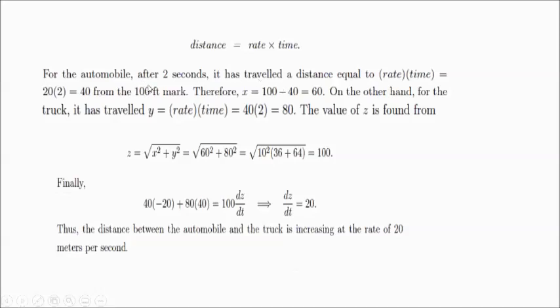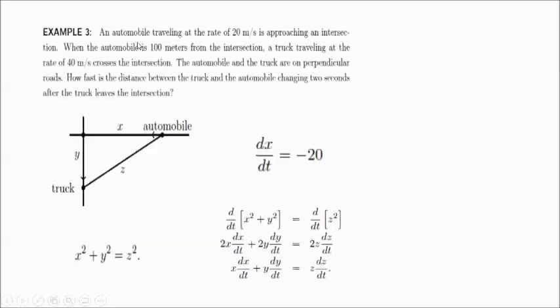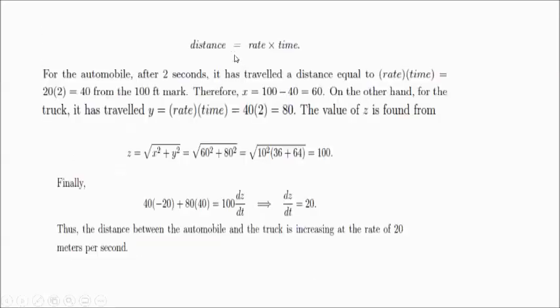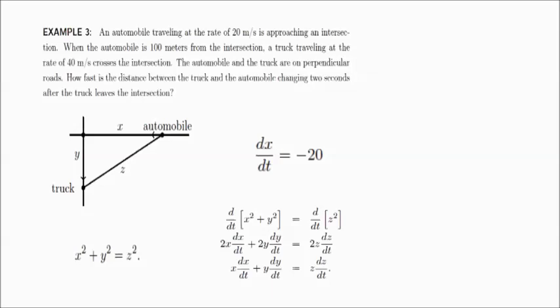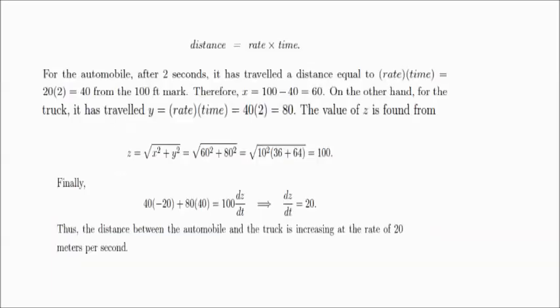So, yung automobile muna. So, after 2 seconds, yung automobile, nakapag-travel siya ng, so rate times time tayo. So, yung rate niya is 20. So, disregard dito, class, yung negative since yung negative is just for the direction. So, 20 times 2 seconds.